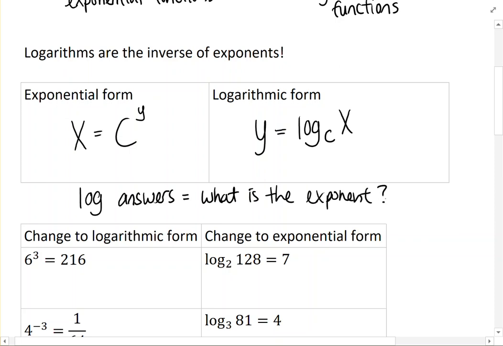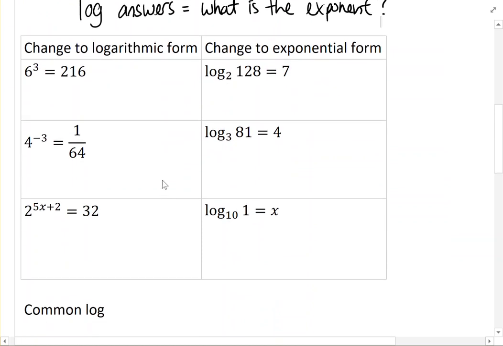That is the unknown that we're looking for when it comes to logarithms. So the output is actually the exponent, okay? And the input is actually the value of your base to your exponent, and you're trying to find out what the heck is my exponent.